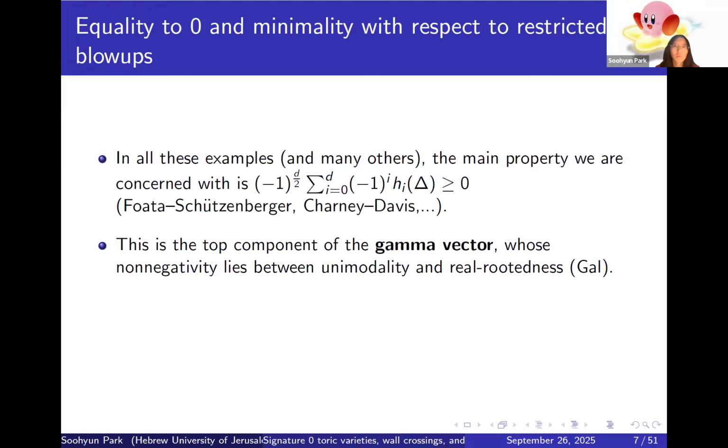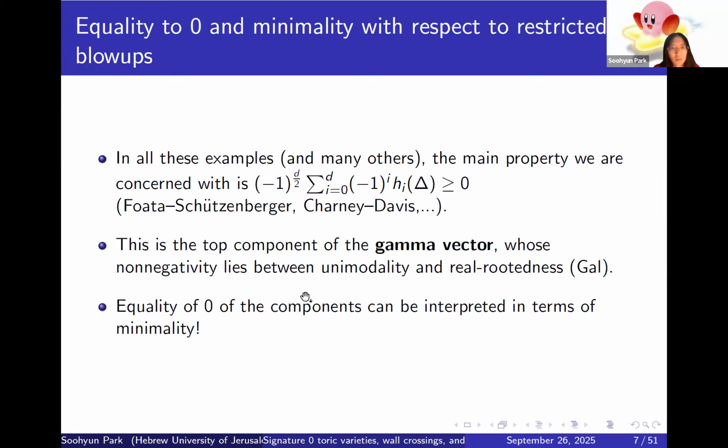So just think about Poincare polynomials, I guess. And the non-negativity of the coefficients lies somewhere between unimodality and real rootedness. Unimodality means the numbers go up and then down, or they just stay the same the entire time. And real rootedness is exactly what you think it is.